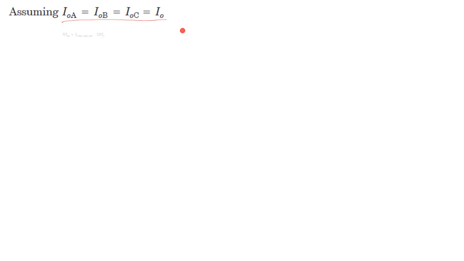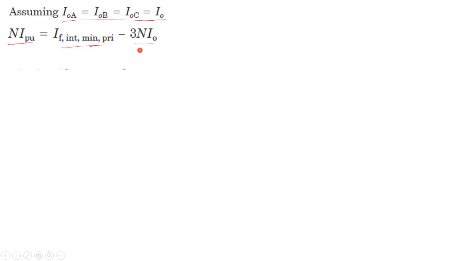If we assume that IOA equals IOB equals IOC equals IO, then I can write the above equation as N I per unit, N I pickup, equal to IF internal minimum primary, that is the minimum internal fault current at the primary side, minus 3 N IO.